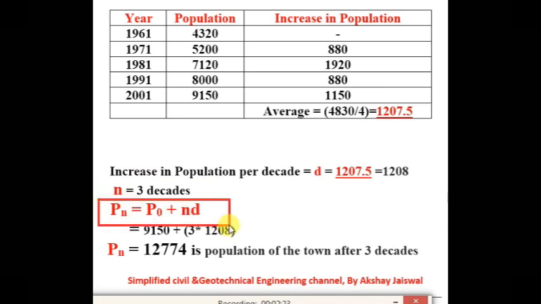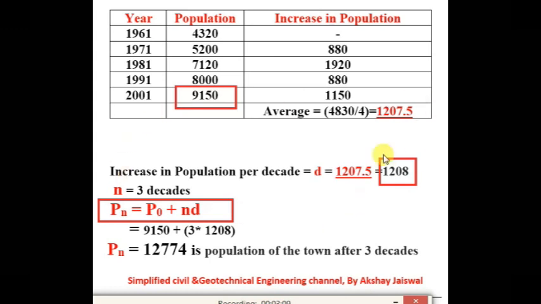Our formula is Pn = P0 + n × d. Now we have to find the value of Pn after 3 decades. We have the value of P0, that is the last known population from this table. We have the value of n, that is 3 decades, and the value of d, calculated here, that is 1208.